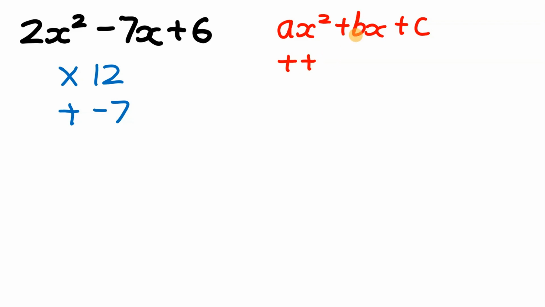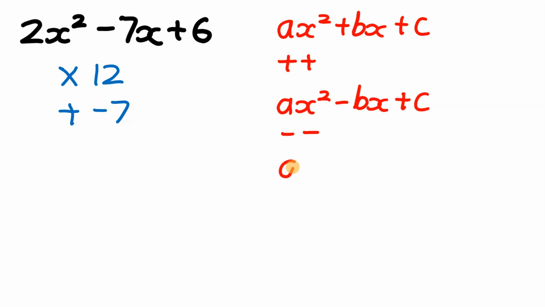However, if instead it's of the form ax squared minus bx plus c, both of the numbers that you need to find will both be negative, because if you multiply two negative numbers together, they're positive, but if you add them together, they're negative, okay?